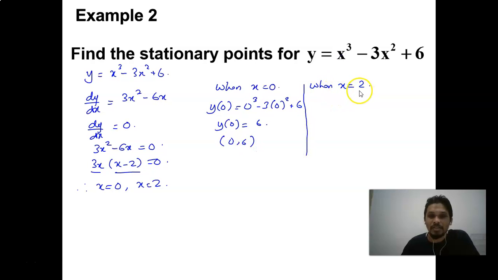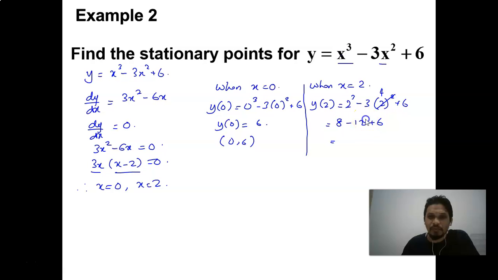And then when x equal to 2, then y of 2 equal to 2 cubed minus 3 times 2 squared plus 6. 2 cubed equal to 8, 2 squared equal to 4, times negative 3 is negative 12, plus 6.